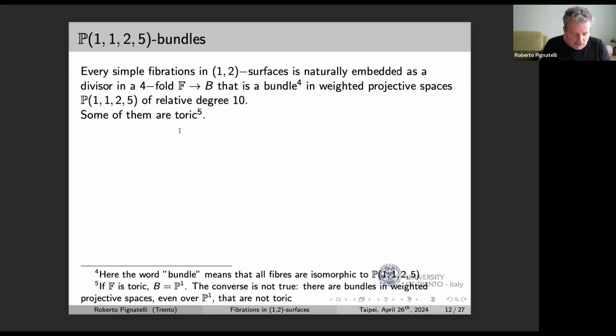However, when we try to describe the fourfold in toric geometry, we are assuming the base to be P1, since we are now interested in regular threefolds, which are fibered over P1. What we're going to see works for this fourfold, but in fact it's not true that every bundle in weighted projective spaces is toric. But here you see the toric ones.